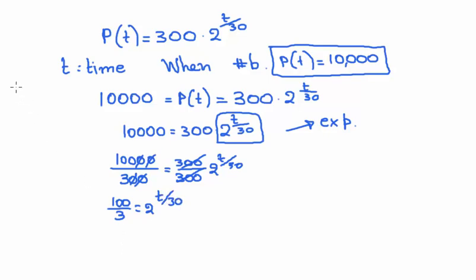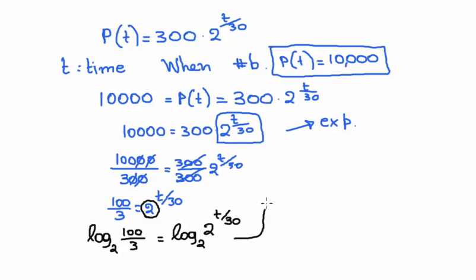Now, we need to use logarithms in order to solve this equation. Since the base of our power is 2, we are going to use the logarithm with base 2. So we need to calculate the log with base 2 of 100 divided by 3 equals the log with base 2 of 2 to the t over 30.